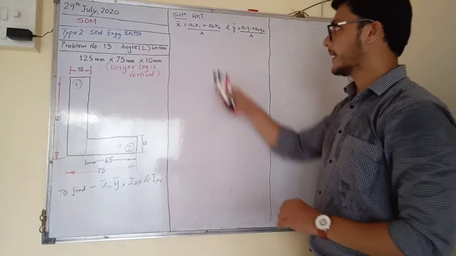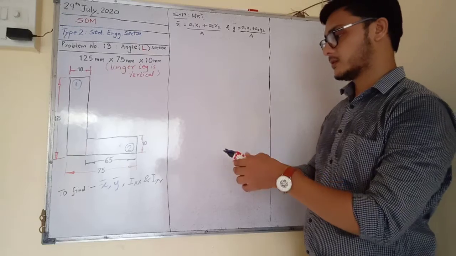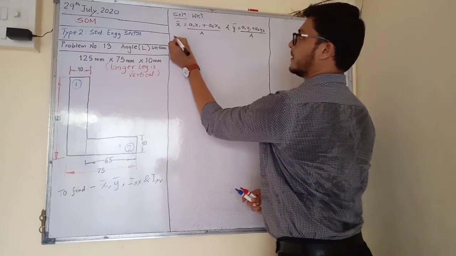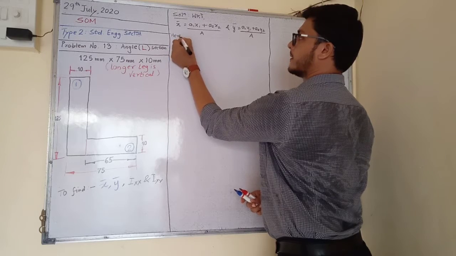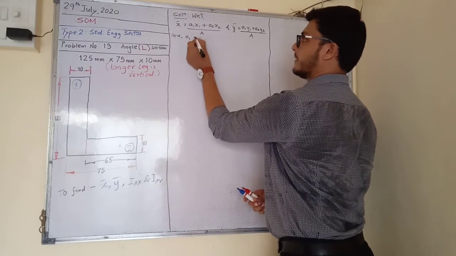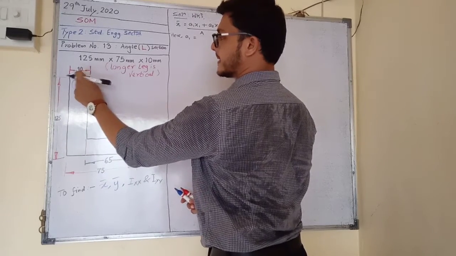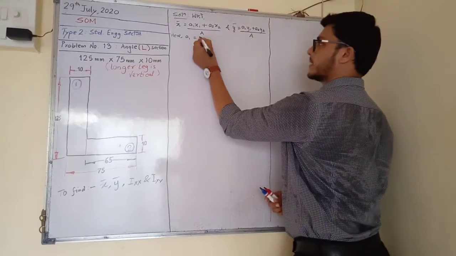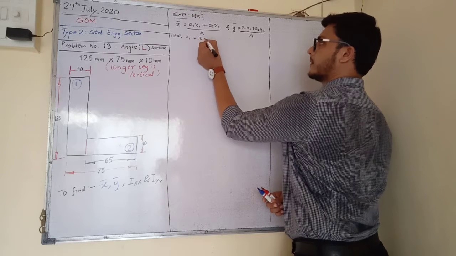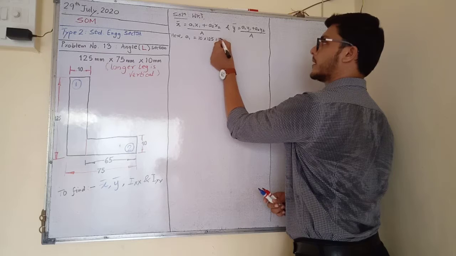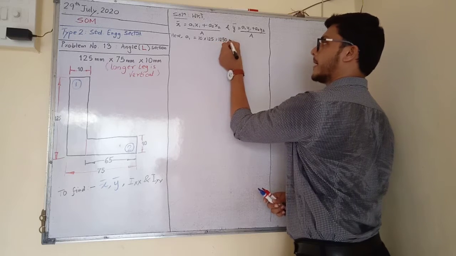Now we'll calculate areas, x1 and y1 values to find x bar and y bar. A1 will be b into d. B is 10, d is 125. So 10 into 125, 1250 mm square.